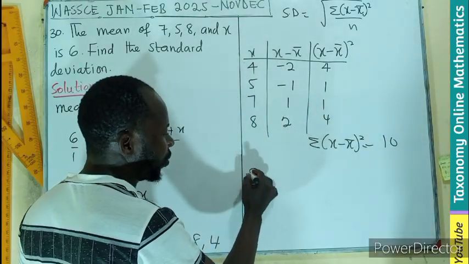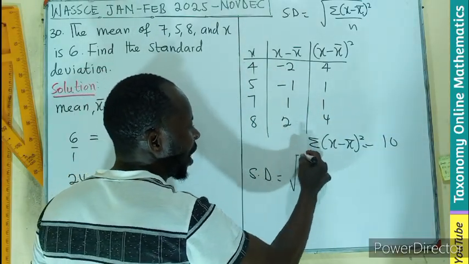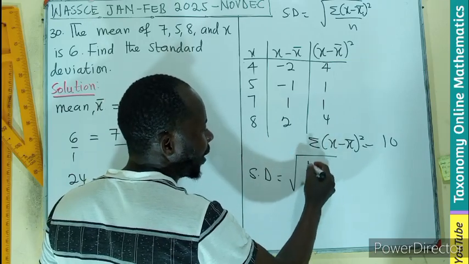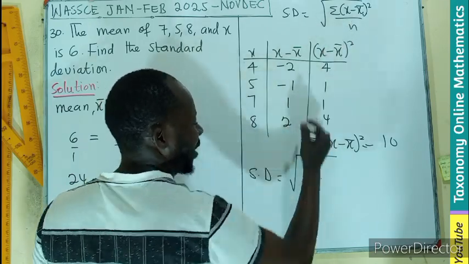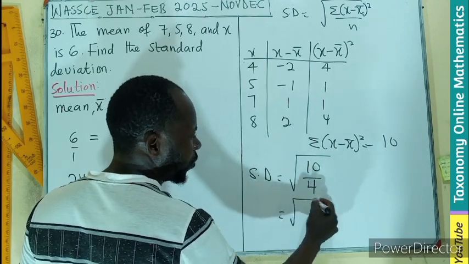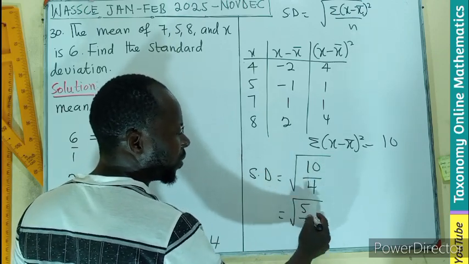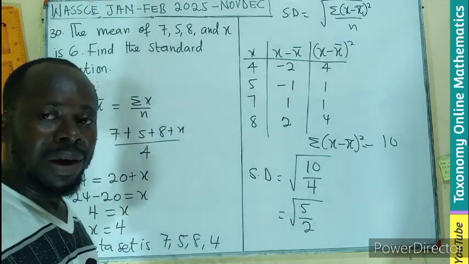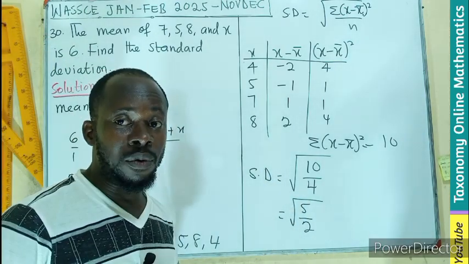Then if I substitute the value in, I still have the square root of 10 divided by n, the number of values, which is 4. And I believe that will also mean that 2 goes here 5, 2 goes here 2. You come back to the same root of 5 on 2.